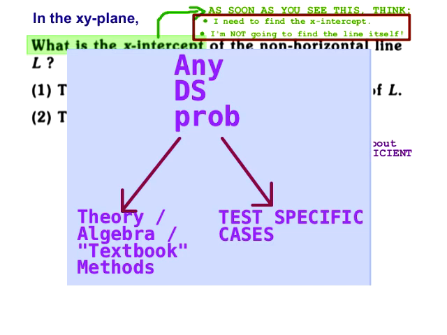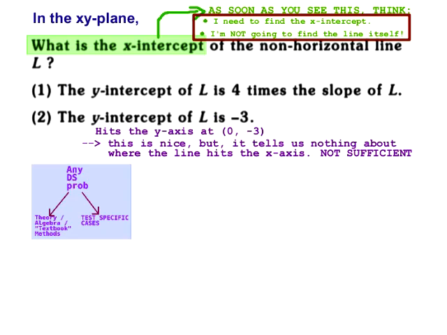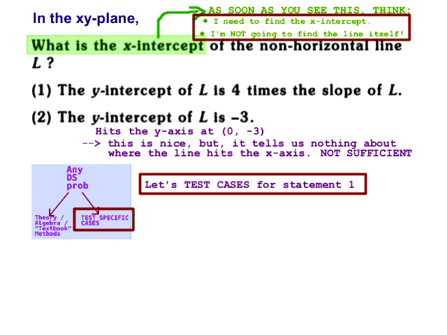remember there are 2 ways to do data sufficiency. Let's look at both of them. Let's do testing cases for statement 1. How do you do that? What does a case look like for statement 1?